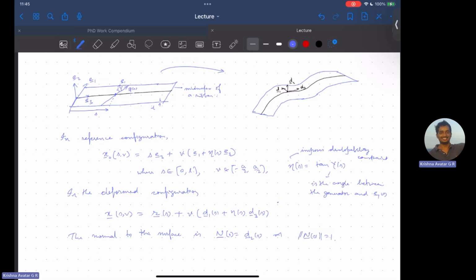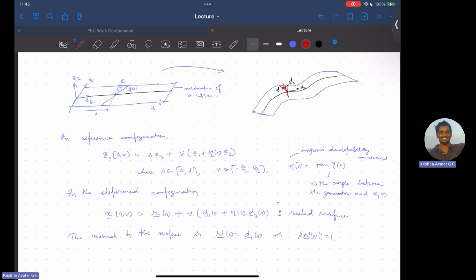We may recall from the theory of surfaces that this represents a ruled surface. It's just that in this scenario, we are considering the ribbon to be ruled, and these are going to be our generators.